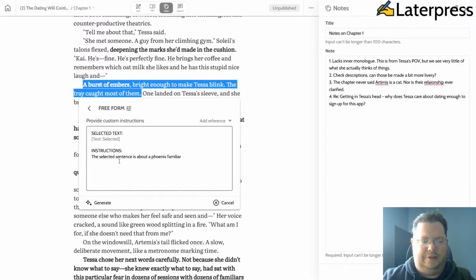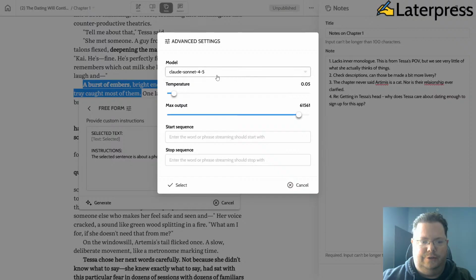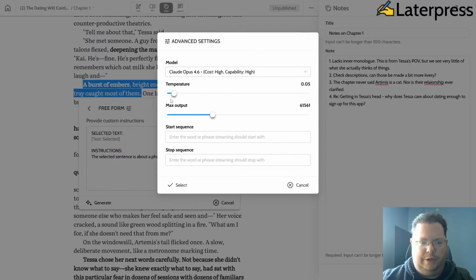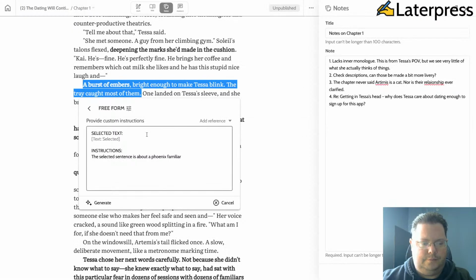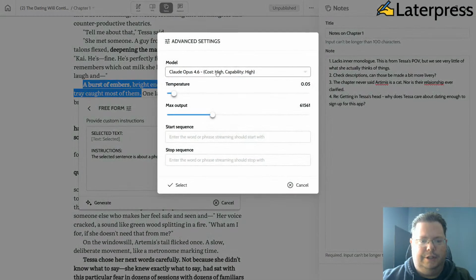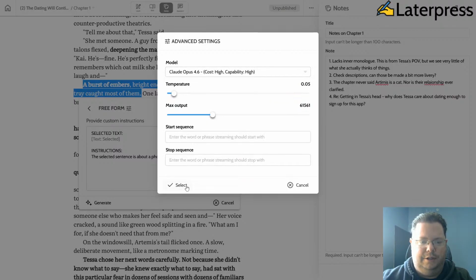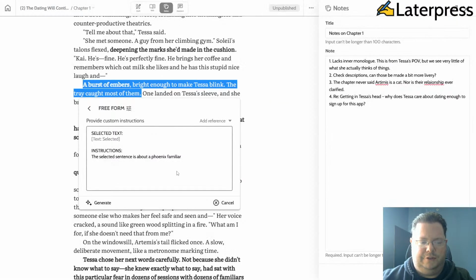I'm explaining this because right now I'm only feeding the AI the selected text for context, so I do need to give it a little bit more to work with. And here I changed modes. You're going to use Sonnet for revisions. I like Opus better. It is a more expensive model, but it's more powerful, and the token difference is going to be pretty trivial for a prompt this small.